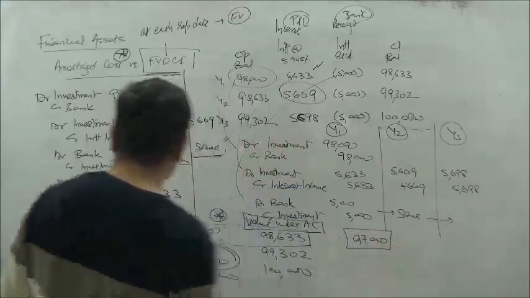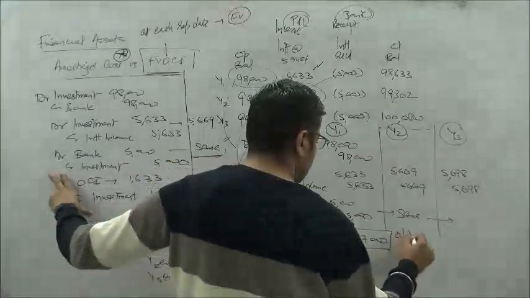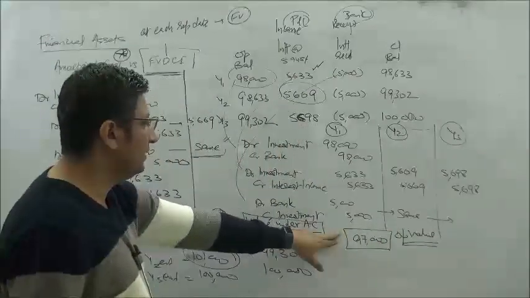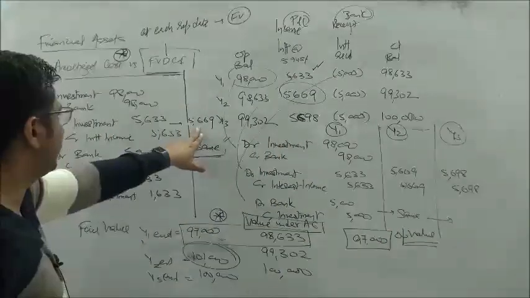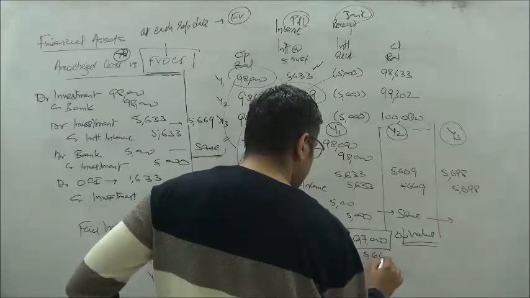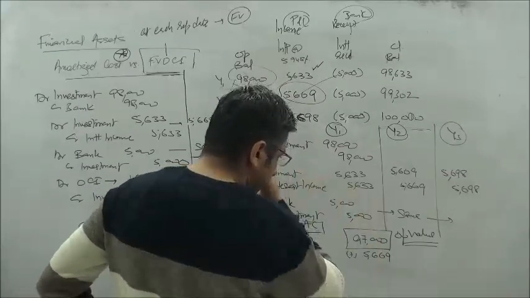So my opening value of my investment is 97,000, and then I recognized an interest income of 5669. This would be added, of course, to my investment value.